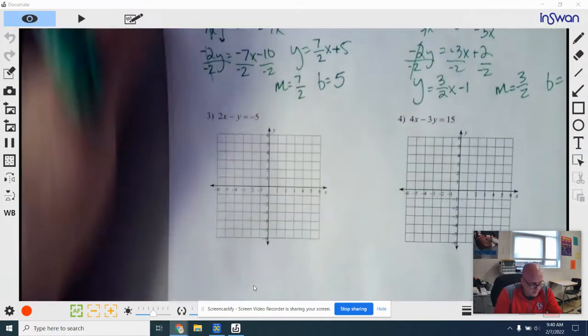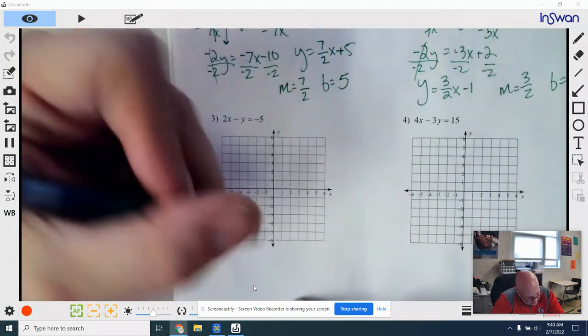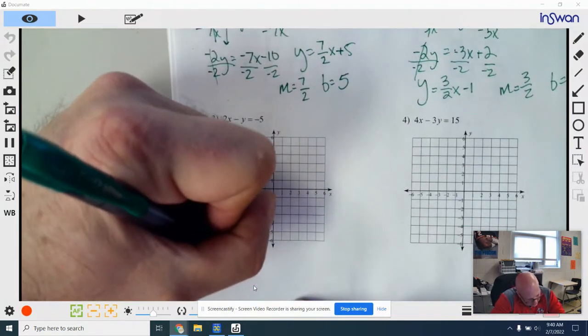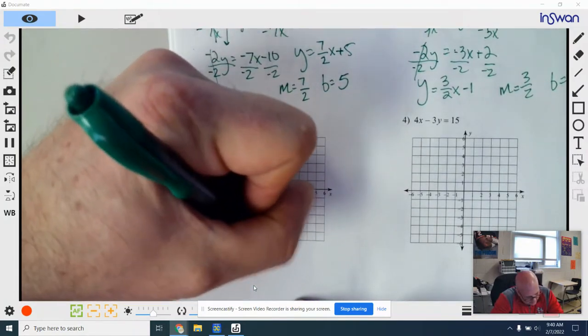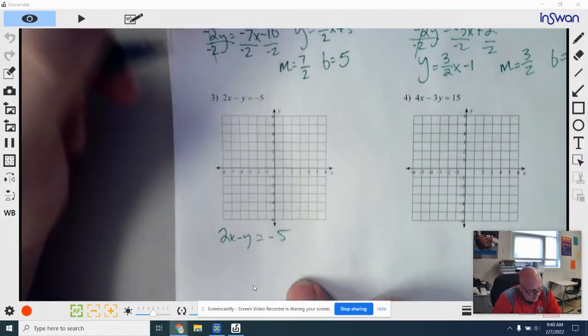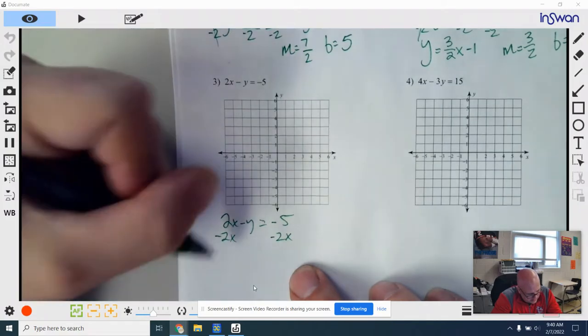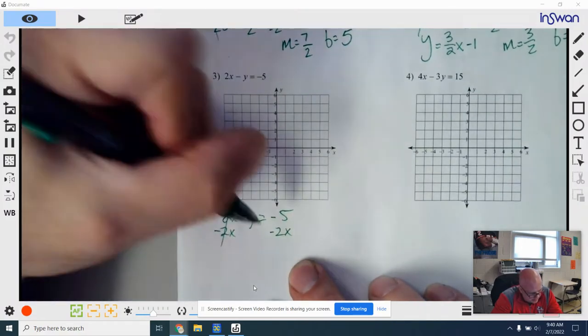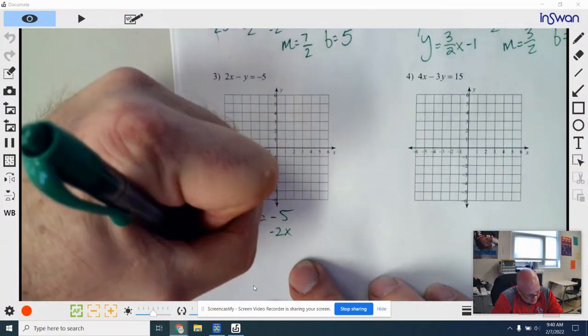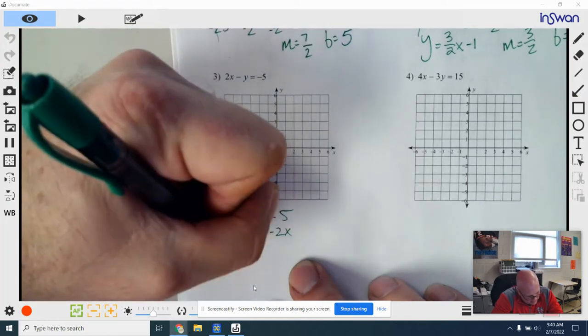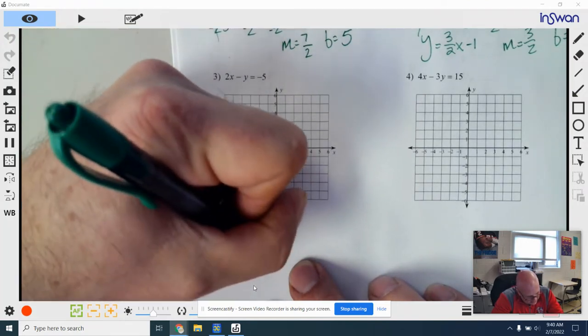All right, moving on, number 3. So number 3, we have 2x minus y equals negative 5. All right, so I'm going to subtract 2x, and that cancels. Now be careful, that's a negative y. That needs to come down with that. Equals negative 2x, and then I have minus 5.